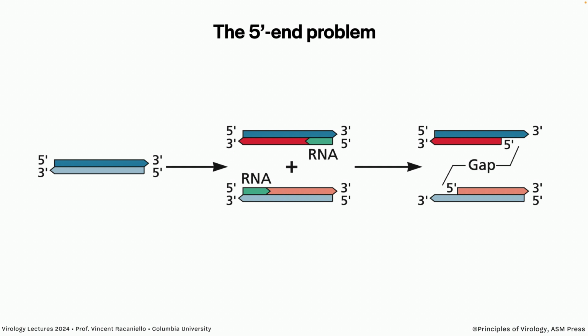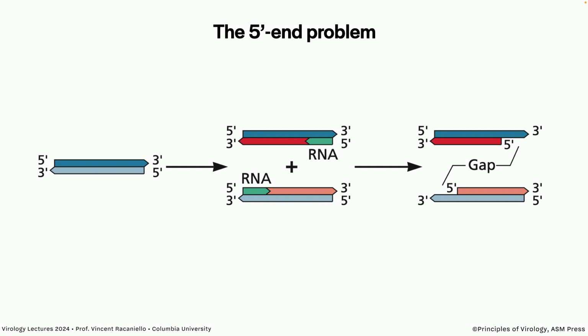But the RNA primers are always removed because you don't want RNA-DNA hybrids. You want all DNA. So the RNA primers are removed. And the problem, the end problem, is, when you're at the end of the DNA, you can't fill in the gap made by removing the RNA, right? Because you can't put another primer there because it would just put RNA back and then you'd remove it and you'd be in a circle. So that's the 5' end problem.